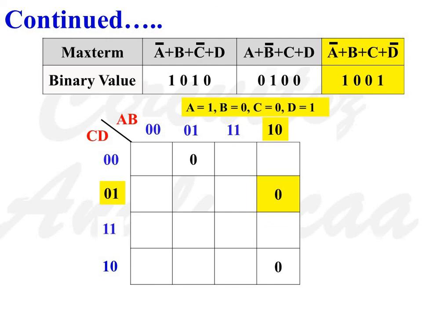Variables B and C are in true form, so put 2 zeros, and the last variable D is in complemented form, so again put 1. Here A is equal to 1, B is equal to 0, C is equal to 0 and D is equal to 1. Locate that cell on the K-map and enter 0 into that corresponding cell.